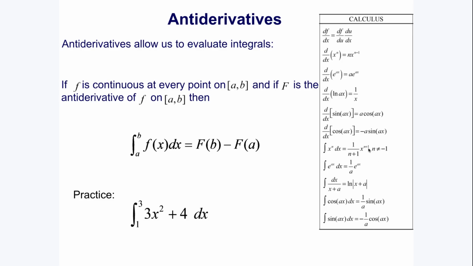So you add 1 to the power, so this becomes 3, and then you divide by that new power, which then cancels out this 3 multiplier in front. 4 doesn't have a variable to it, but again, we can think of it as x to the 0. So we're going to add 1 to that 0 exponent and divide by 1, and that would give us 4x. So when you do a problem like this, you would think about what steps you take to find the derivative and do the opposite of that.